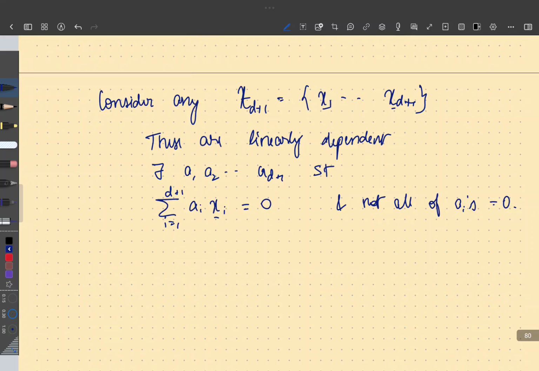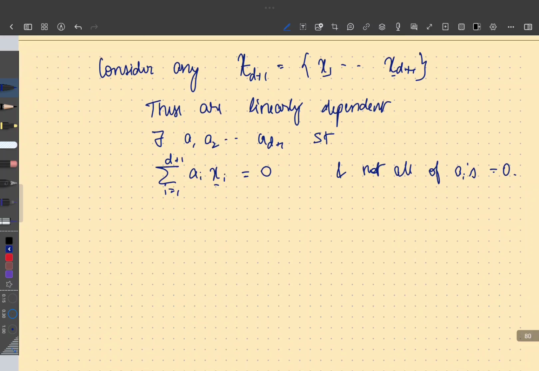Alright. So let's partition this set of indices into two. One for which the ai's are positive, the other for which the ai's are negative. Strictly positive, strictly negative. There are others for which the ai's could be 0.